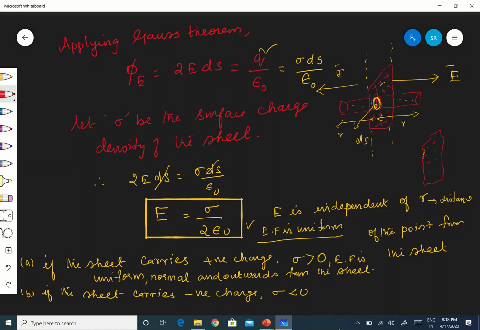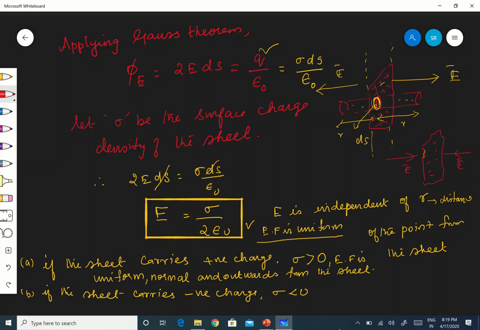Therefore what will be the direction of the electric field here? It will be inward. How to find out the direction? Just keep a unit positive charge there and see in which direction it moves. It definitely will be attracted. Therefore, this is the electric field, and here also this will be the electric field. Right?